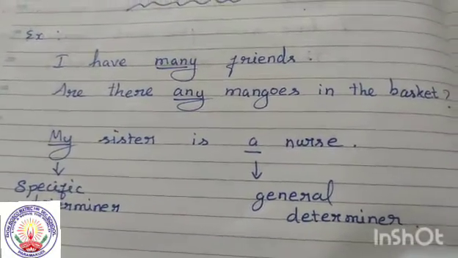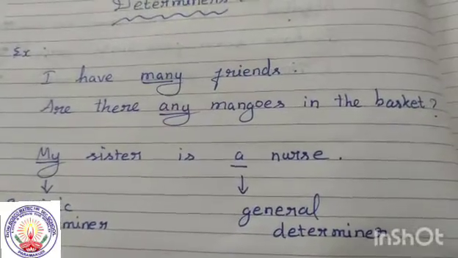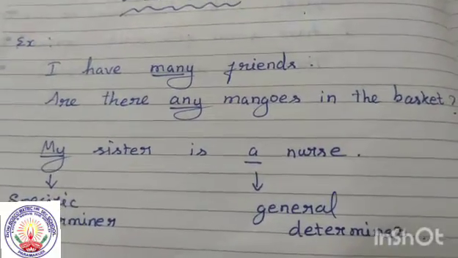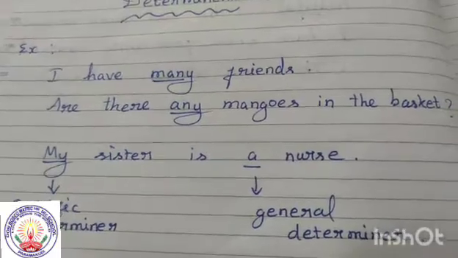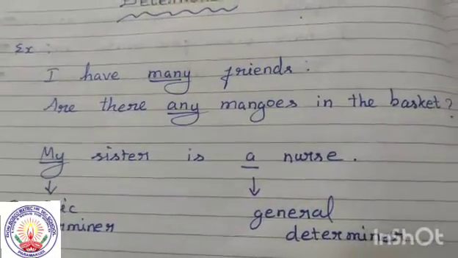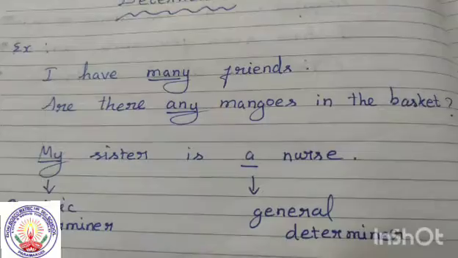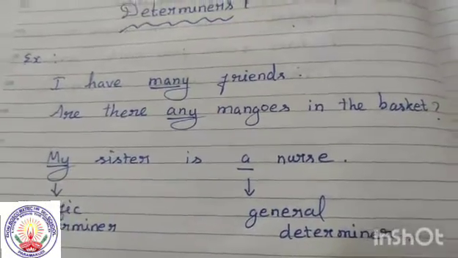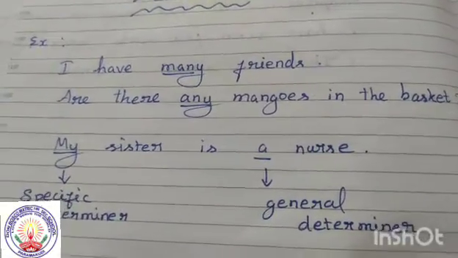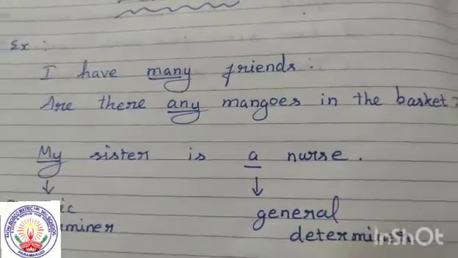மொத்தமா சிஸ்டர் அப்படின்னா யாரோட சிஸ்டர்? நர்ஸ்ன்னு தெரியாது இல்லையா? ஸோ யாரோட சிஸ்டர்? என்னோட சிஸ்டர். ஸோ மை சிஸ்டர். மை அப்படிங்கிறது யாரை குறிப்பிட்டு ஸ்பெசிஃபிக்காக சொல்றதுனால ஸ்பெசிஃபிக் டிட்டர்மினர். அண்ட் இஸ் அ நர்ஸ். அ நர்ஸ் அப்படிங்கிறது general.